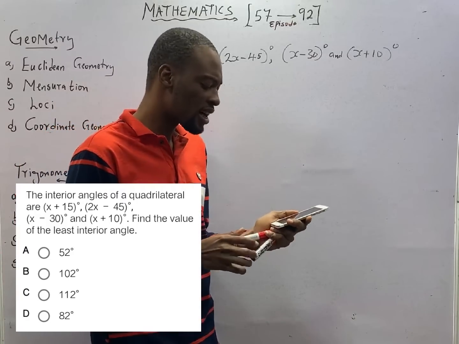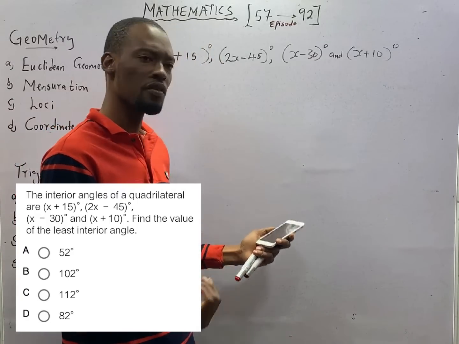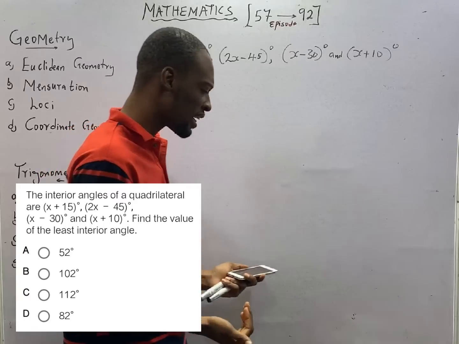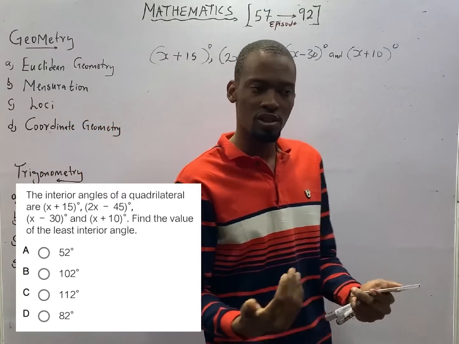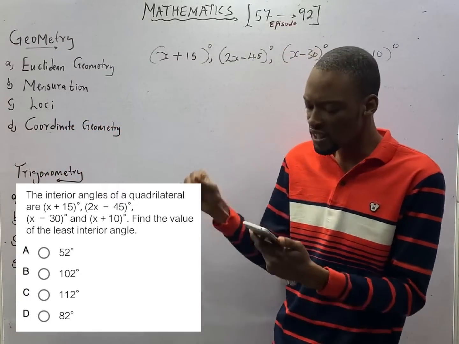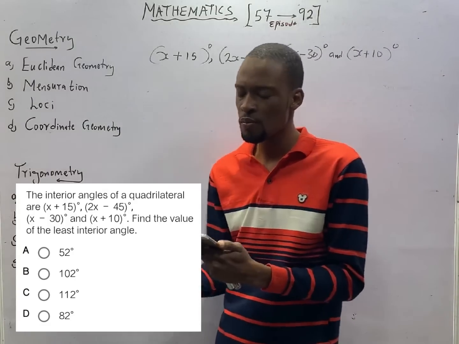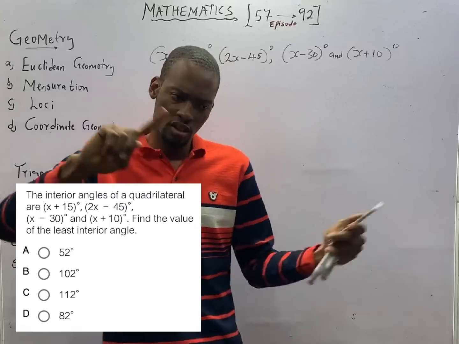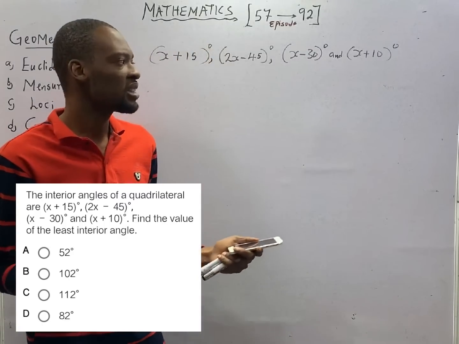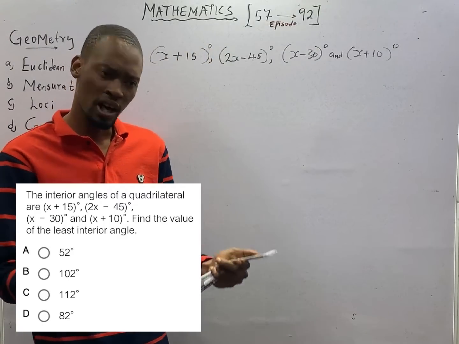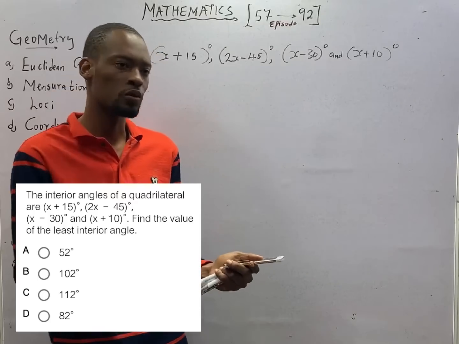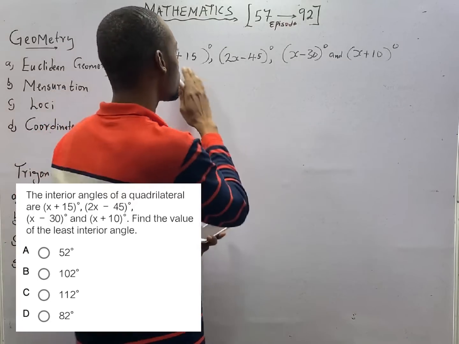A quadrilateral is a four-sided figure, of course, and we know that the sum of interior angles is n minus 2 times 180. That is the sum of interior angles, not each interior angle. And these are the interior angles.